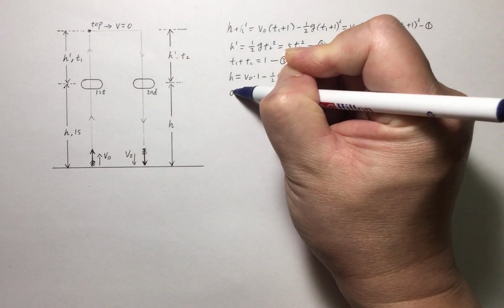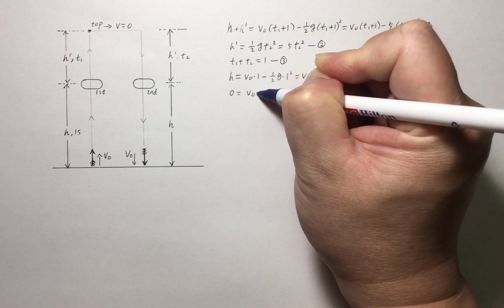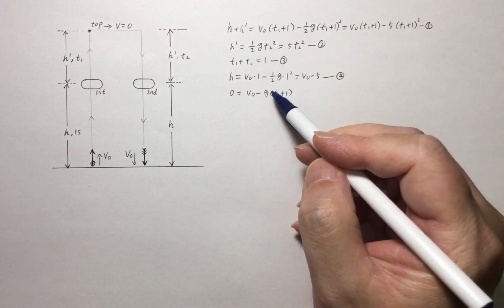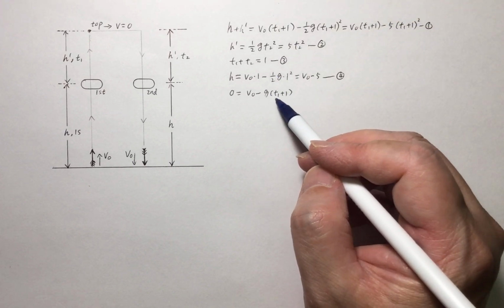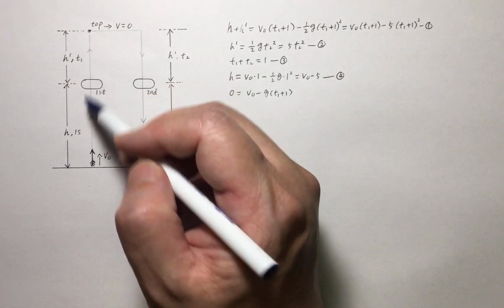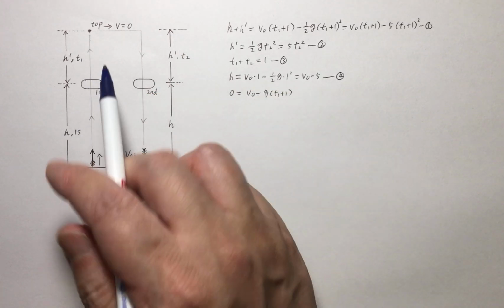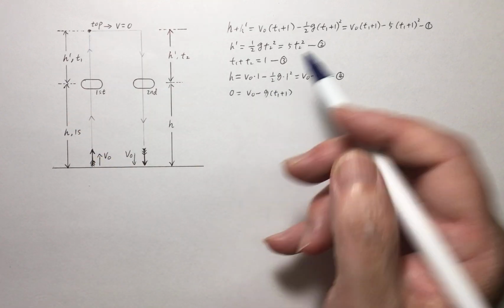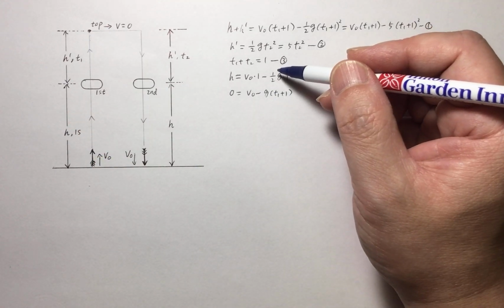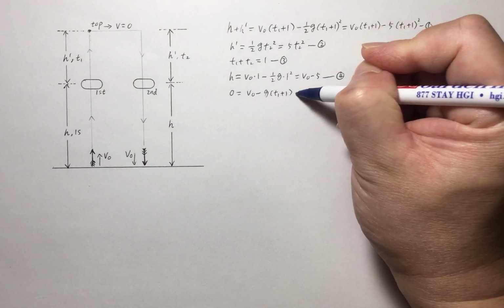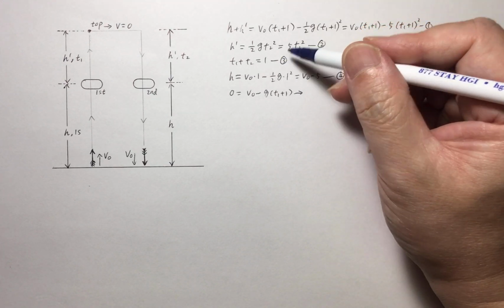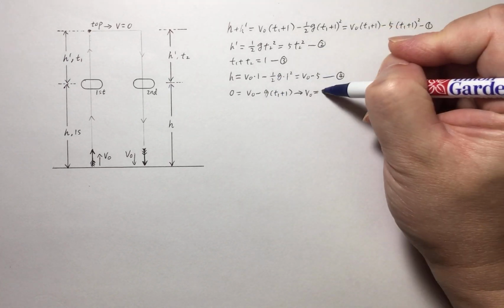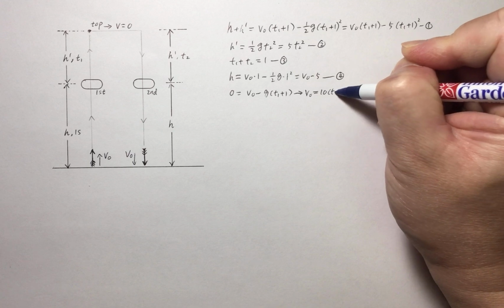So 0 is v0 minus g (t1 plus 1). g is the gravitational acceleration, and it takes 1 second plus t1 to reach the top, and at this moment the speed is 0. So we can deduce that v0 is 10 (t1 plus 1).